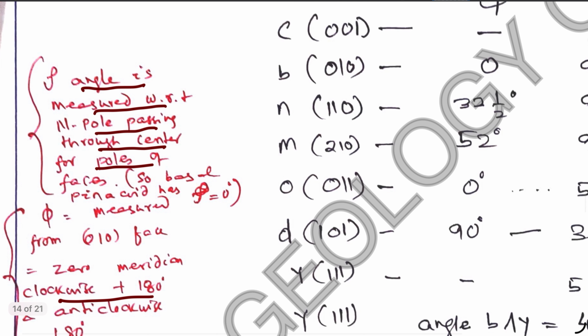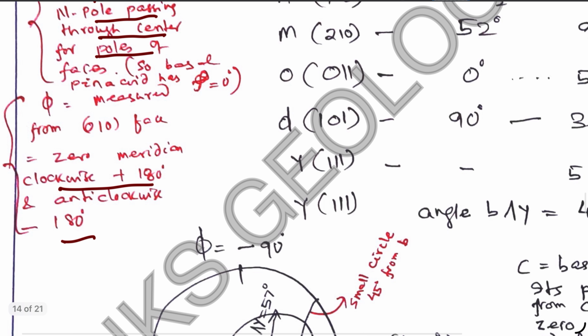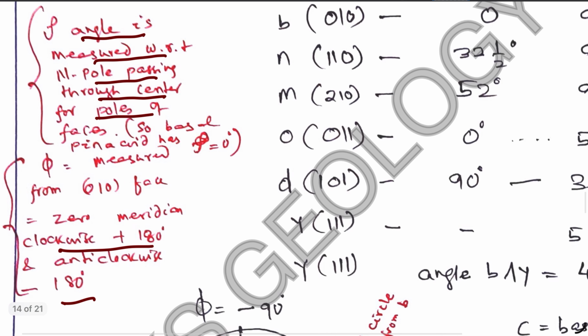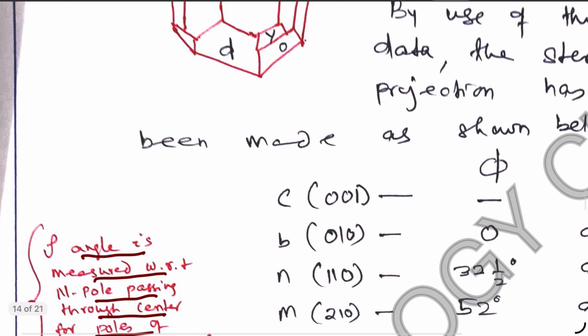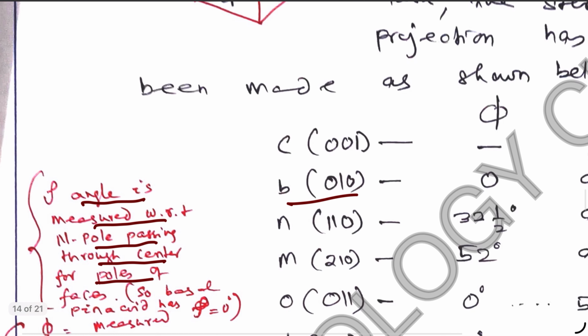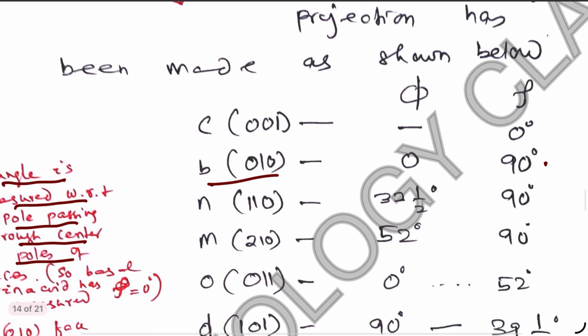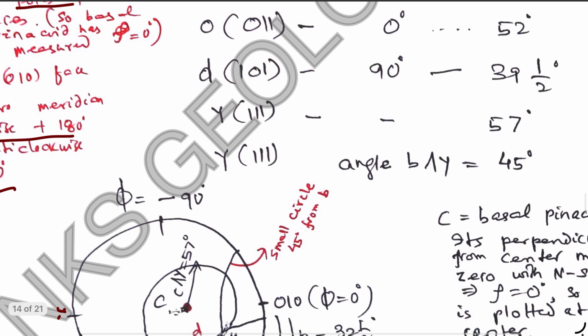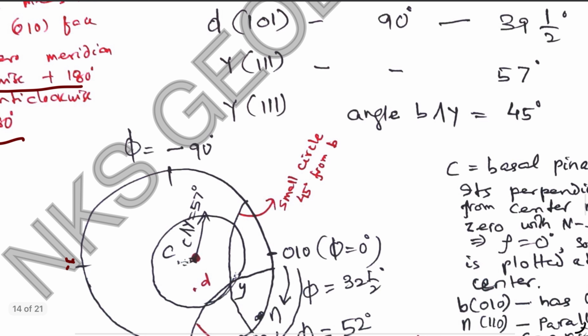Face C is here. This is the point for C. And for B, it is having rho 90, phi 0. So this is the point B.